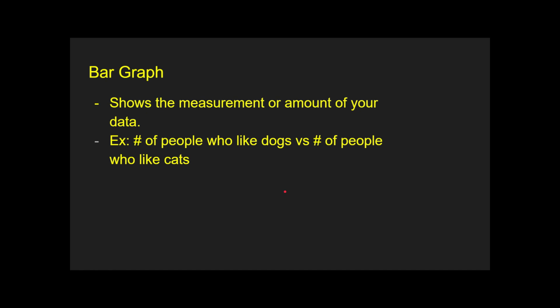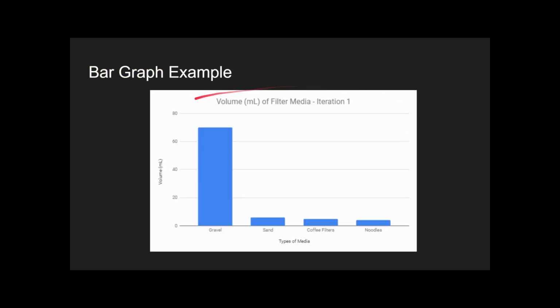So go ahead and pause if you need more time to write this down, and we'll look at an example here too. So this is that same information from the previous pie chart, but shown as a bar graph. And what's interesting here is that you can still see gravel made up a lot of this filter, and you can see that everything else was a lot smaller.